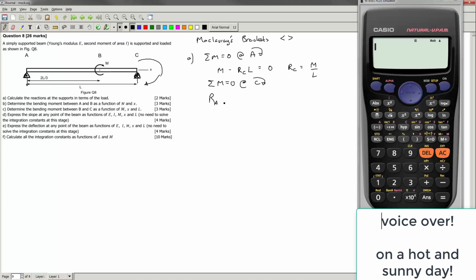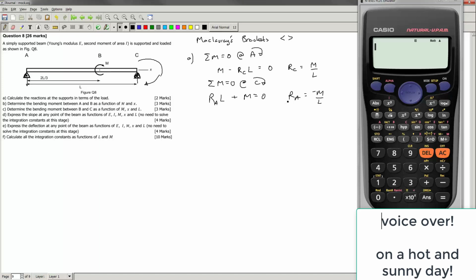So RA times its distance away from C, which is L, will be a positive moment. And then we've got a clockwise moment on the beam, so that would be RA L plus M equals 0. We'll rearrange this and we'll find that the reaction at A will be a minus M over L.